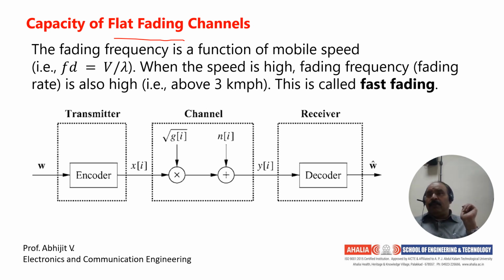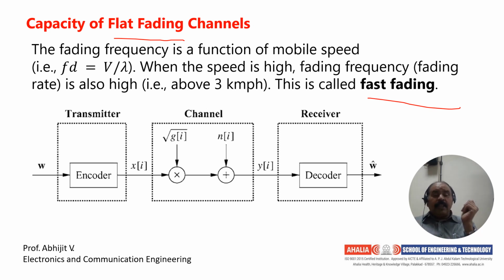The fading frequency is a function of mobile speed, Fd is equal to the velocity v by wavelength lambda. When the speed is high, fading frequency is also high. So that's why it's called fast fading.